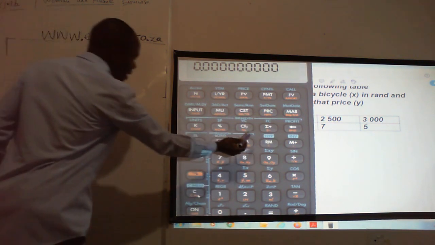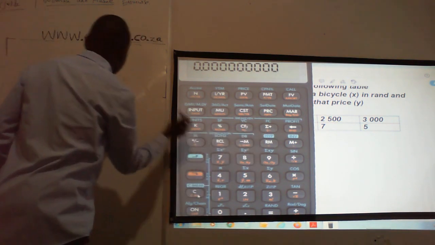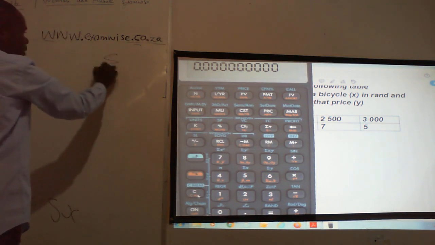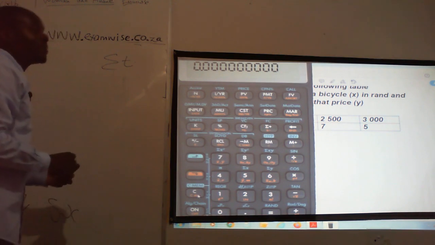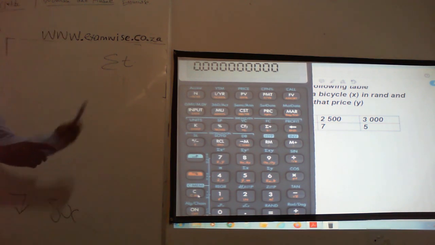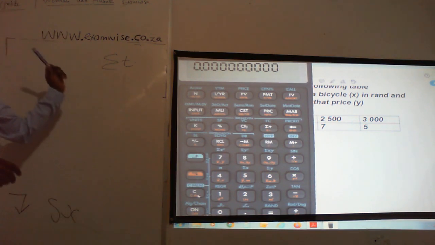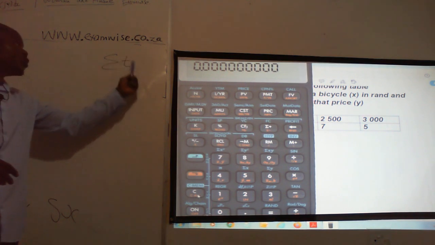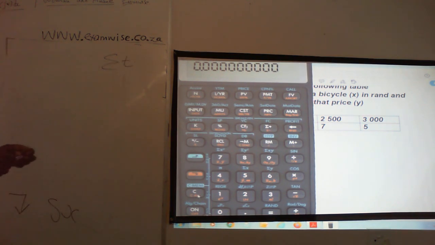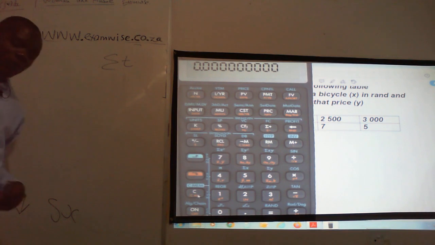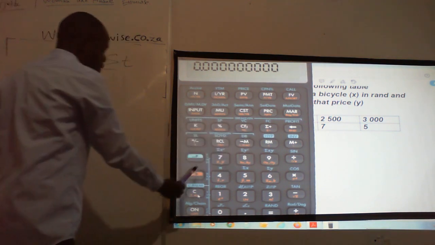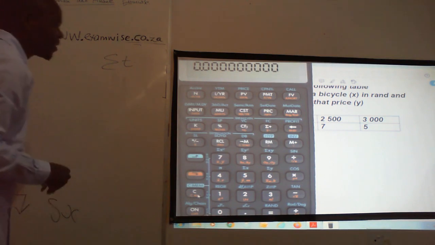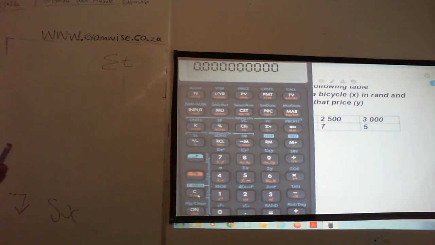You are seeing this symbol here, in white, like an E with a T. In mathematics, we call it the sum of, or the summation. We use this one to enter our variables. Since our summation is in white, we don't use the down arrow. We just press summation once we enter the variable.